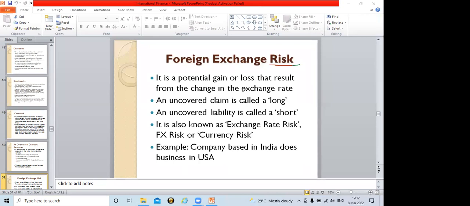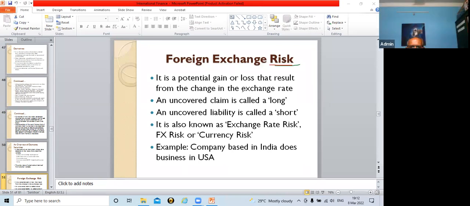Yes, sir. Okay, now continue this example. Suppose this transaction, payment of $10, we do on 10th of March. Just imagine on 10th of March, if the dollar rate increases, today is 76, and suppose it is 78 rupees, then what happens?